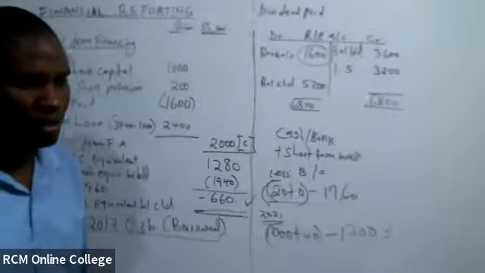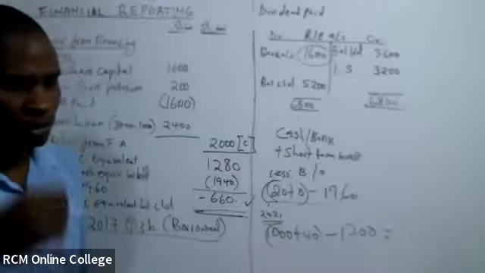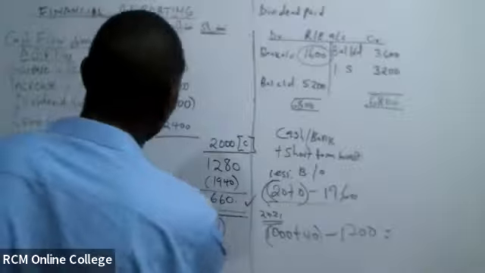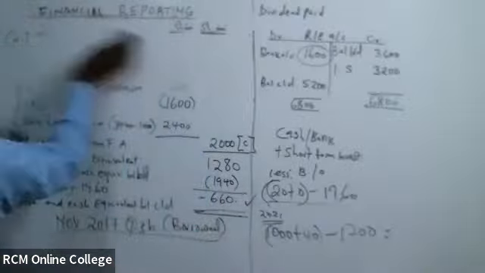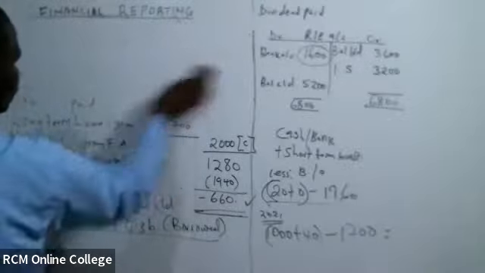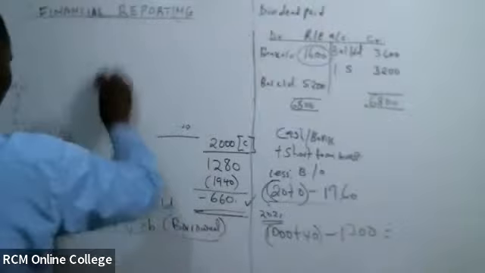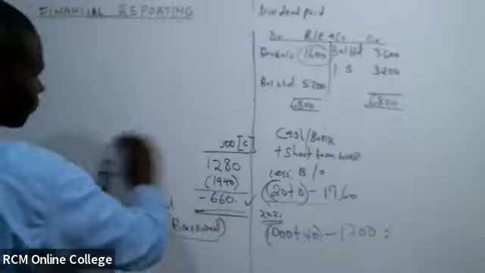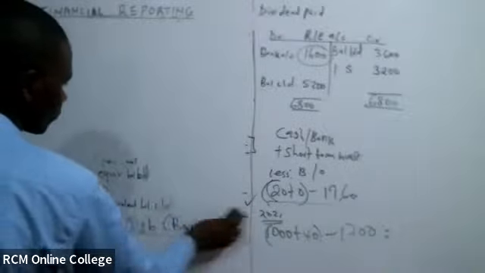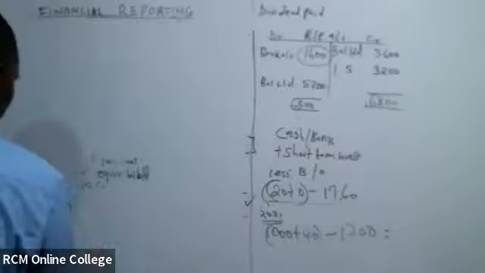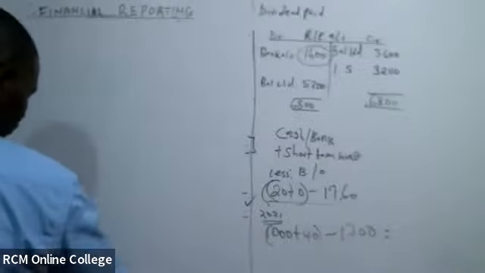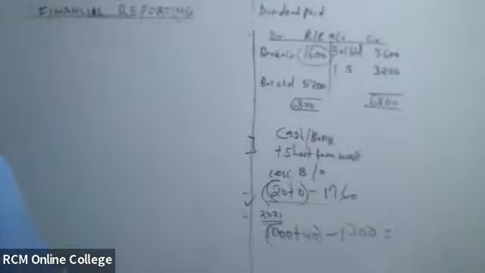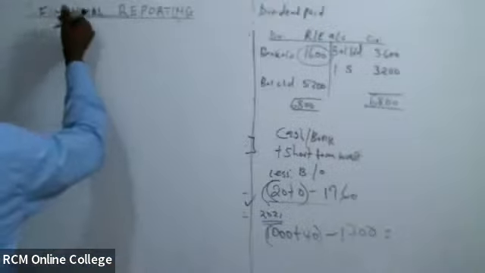So now, at this point, those people who have just joined, we can't start doing this question together. You won't be able to see. So we shall just go direct.